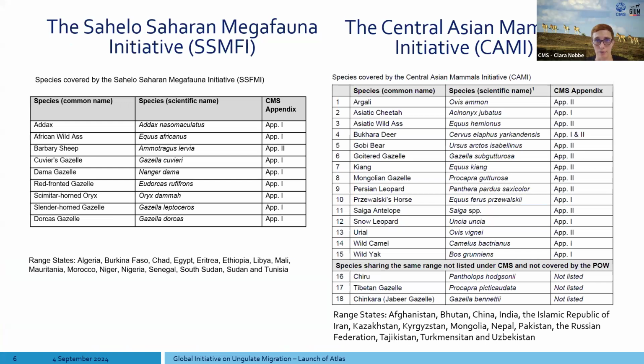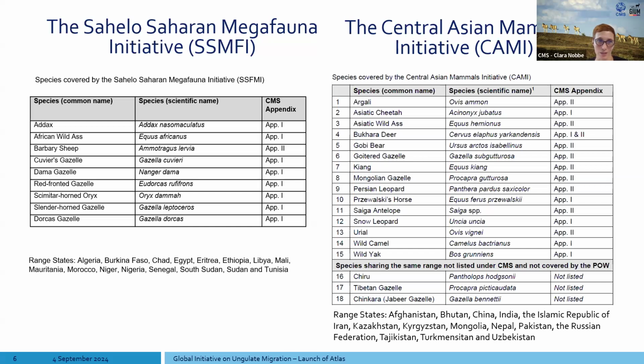We also have, as many of you know, several initiatives. One is the Central Asian Mammals Initiative that covers a lot of ungulate species, and its program of work also addresses conserving the migration routes of the species.